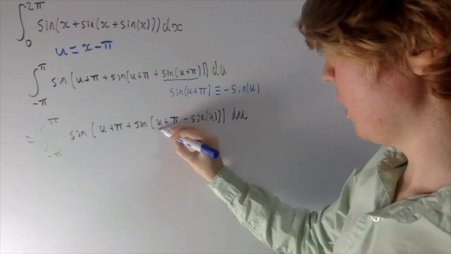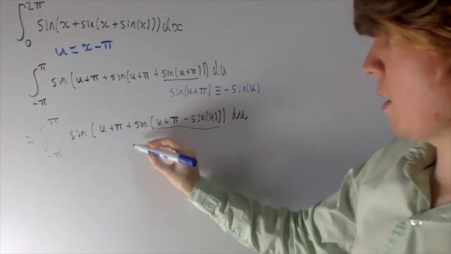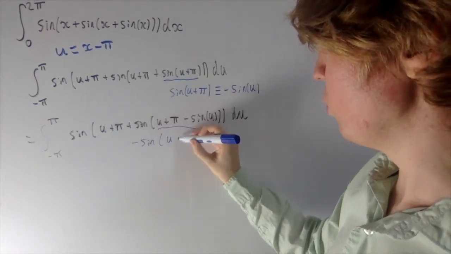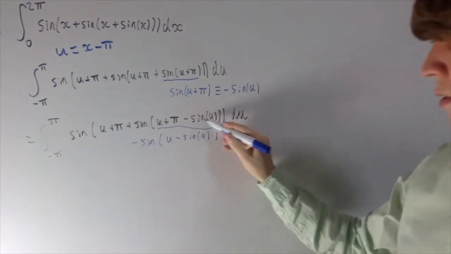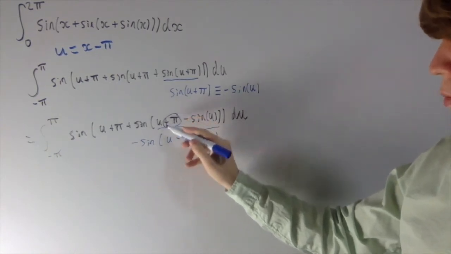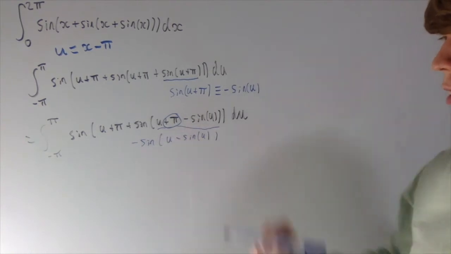So you know that sine of u plus pi minus sine u, you can just replace this by minus sine of u minus sine of u. So it doesn't actually matter that there's this minus sine u inside this sine. We've just got some stuff plus pi. We've got rid of that pi, and now it's the negative of that sine.